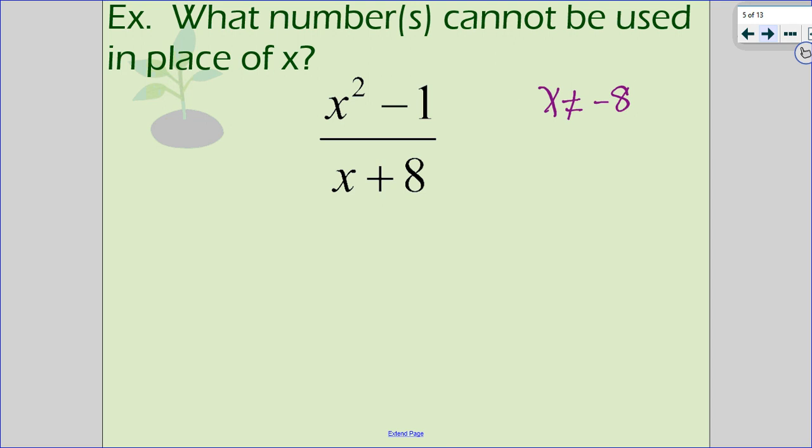Because if you plug -8 into the numerator, what do you get? 0, and then 63 over 0. Good. Any number divided by 0 is undefined. So this is the one number that cannot be used in place of x. You're looking for the number that makes the denominator 0.